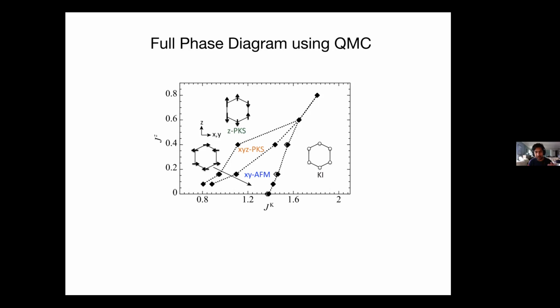The thermalization times become very long, but there's no sign problem. So if you wait long enough and put enough CPU hours into it, you get accurate results, so the error bars are smaller than these. It's not like you can do it in one night. It may take a month or two, but it's doable.